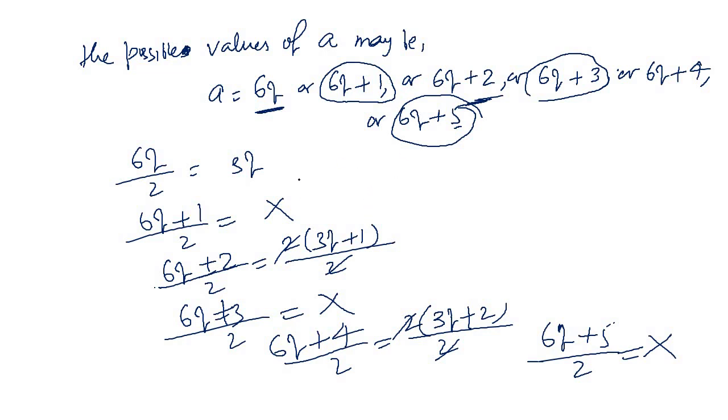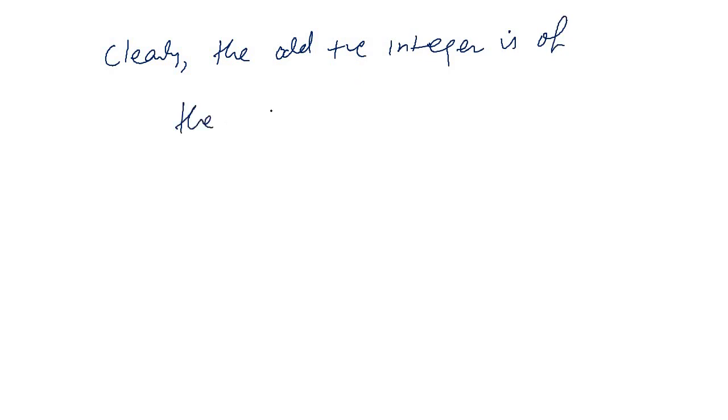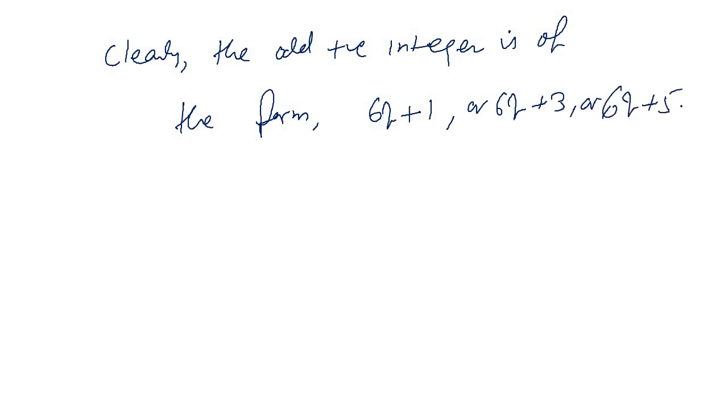So after this step, we will write clearly: the odd positive integer is of the form 6q plus 1, or 6q plus 3, or 6q plus 5.